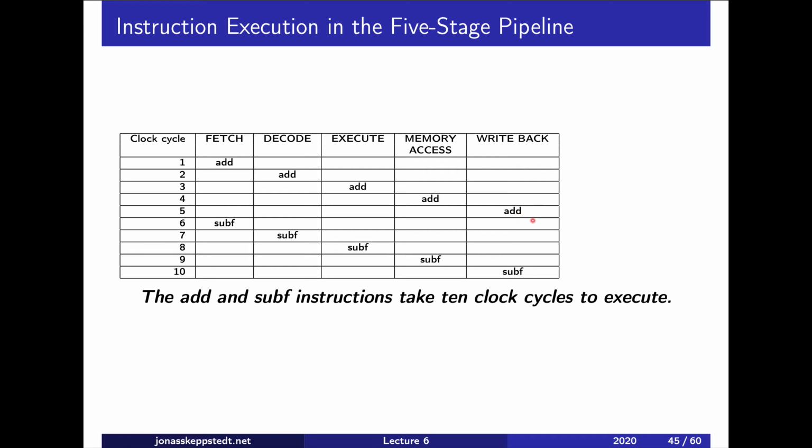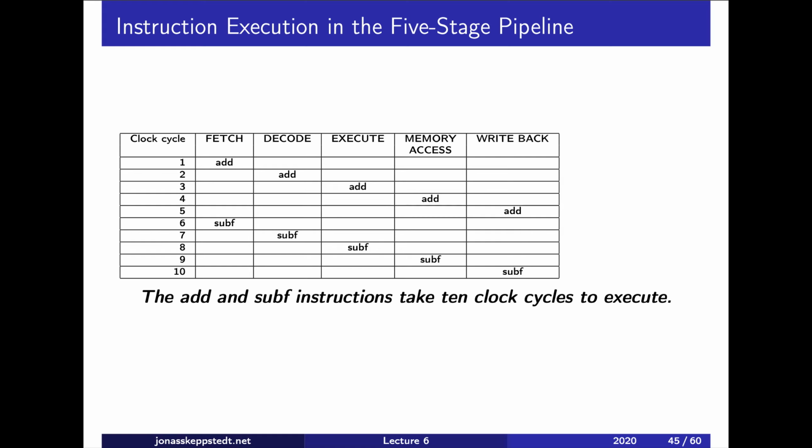And when the add has come there, the next clock cycle we can start the next instruction, and so on. So it will take 5 clock cycles for each instruction, and in total 10 clock cycles for these two.